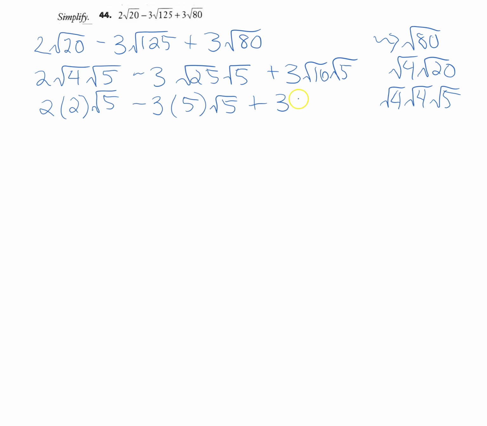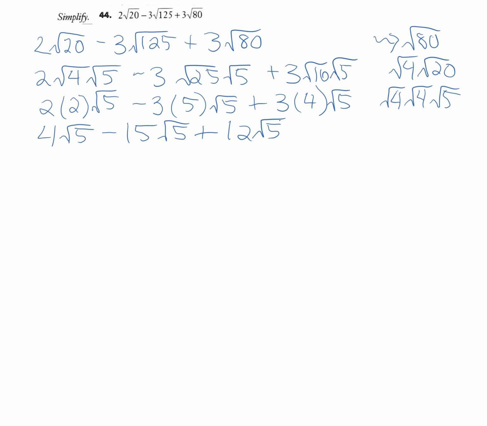Plus 3, the square root of 16 is 4, root 5. Okay, and now I'm just going to continue to evaluate this. So I have 4 times the square root of 5. 3 times 5 is 15, the square root of 5, plus 3 times 4 is 12, square root of 5.